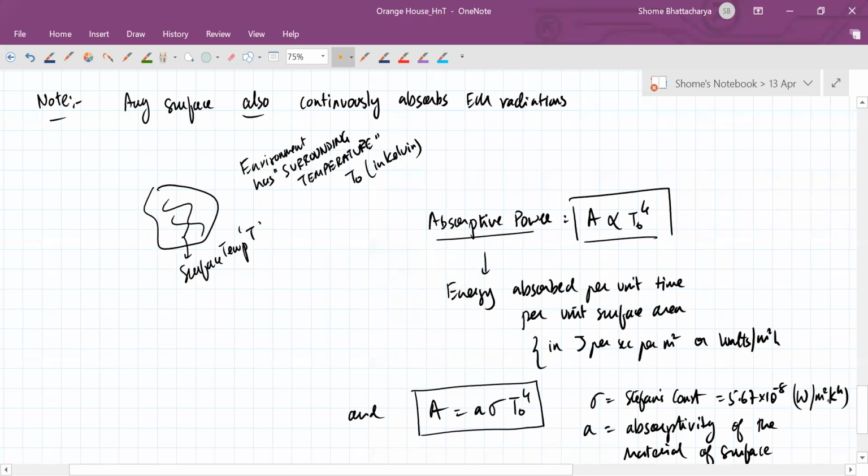So this process of absorption is continuously taking place simultaneously with the process of emission. But notice that the emissive power depends on the surface temperature, whereas the absorptive power depends on the surrounding temperature.